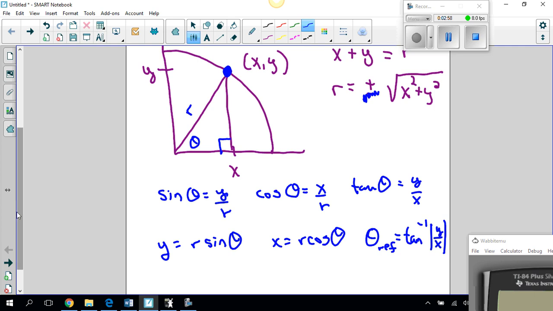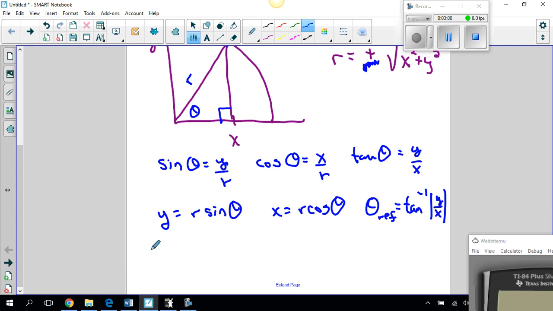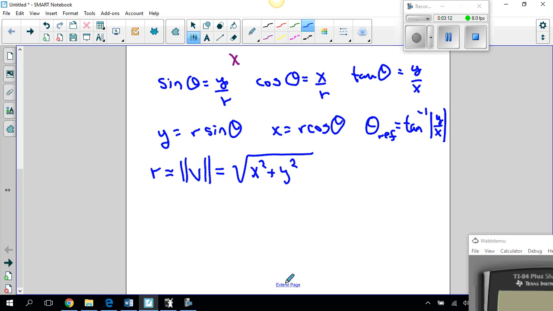Now, the only thing weird is r is called the magnitude of the vector, which is the square root of x squared plus y squared. What is v? Well, v is basically, looks like a point, 3, 4. In math notation, that is.